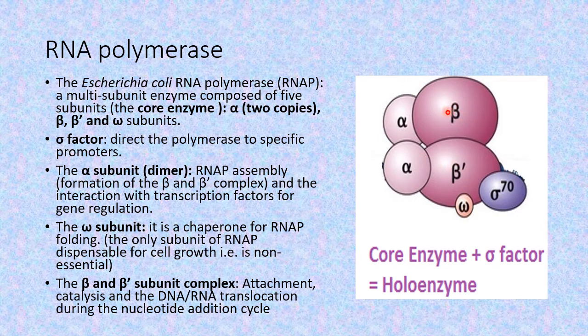Then they are responsible for the formation of messenger RNA, and they are also responsible for the movement of this enzyme on the DNA duplex so that it may be transcribed from the 3' end to the 5' end of the DNA strand.